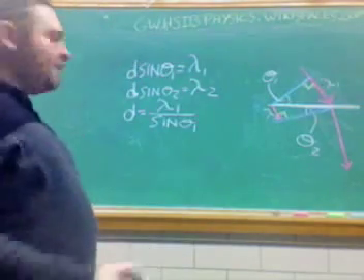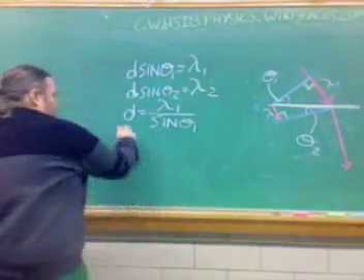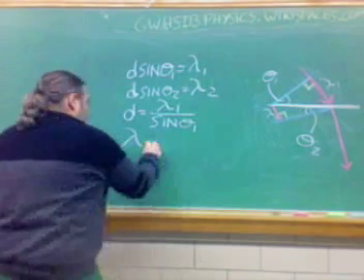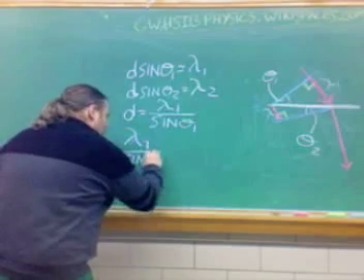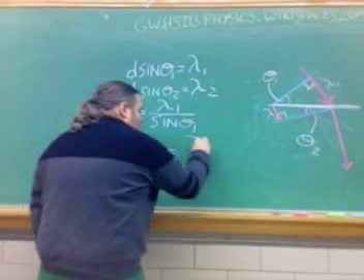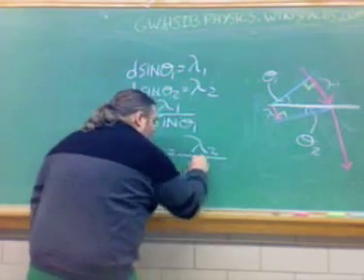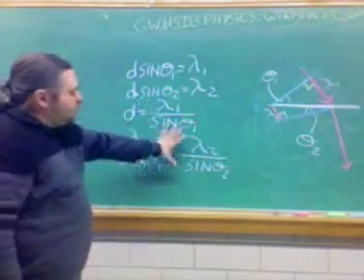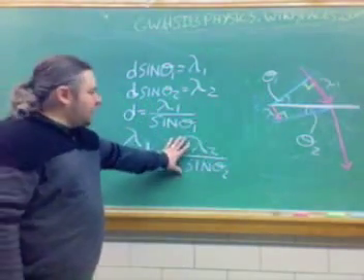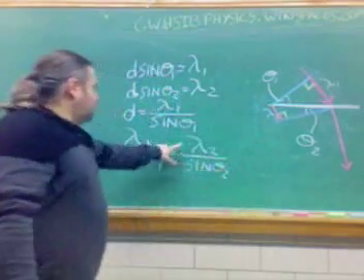Okay? Well, now I can set those equal to each other. So I end up with taking this logic and applying it to the second triangle. I get this relationship.